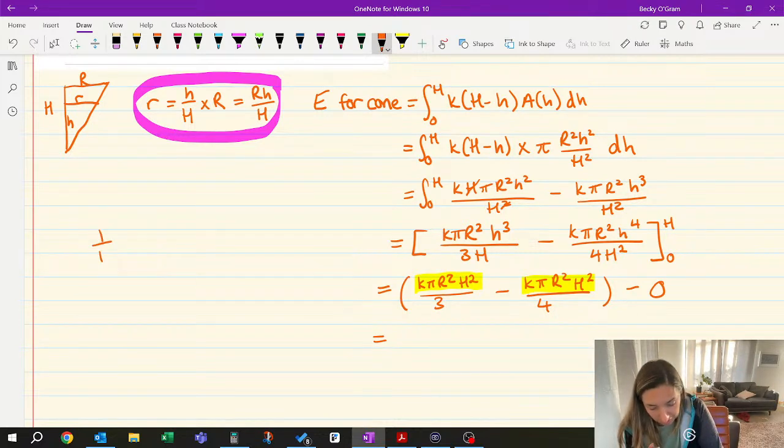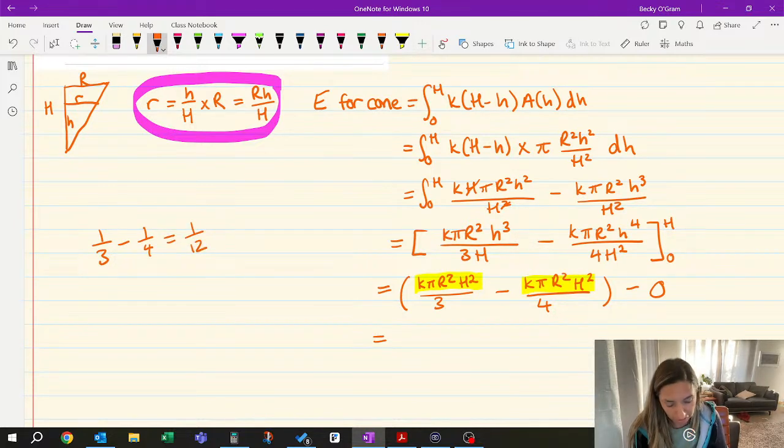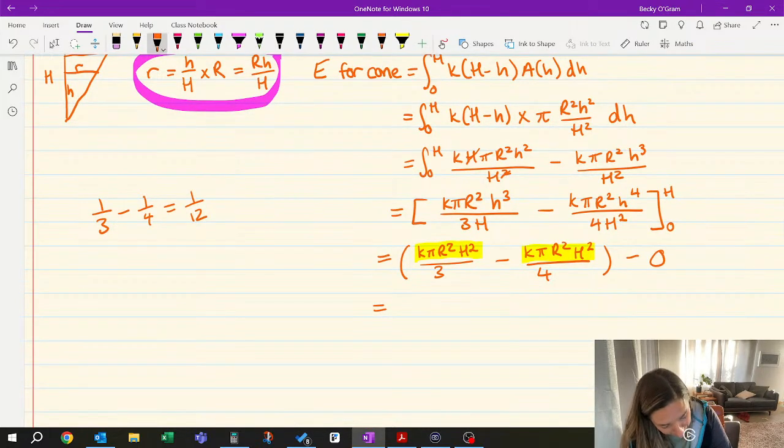So a third minus a quarter, and you can pop that into your calculator if you're not confident with fractions. A third minus a quarter is just a 12th. So this will be 1/12 of the thing that's in yellow. Remembering again that that thing in yellow is actually just a number. They just haven't told us what those numbers are.